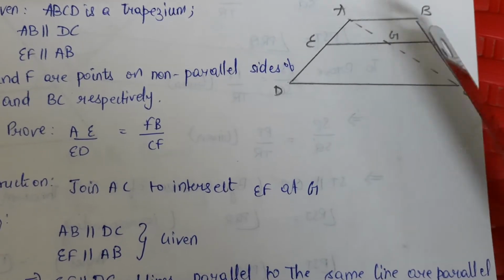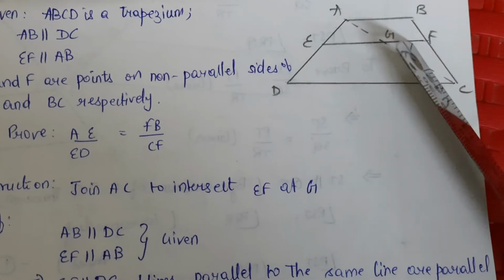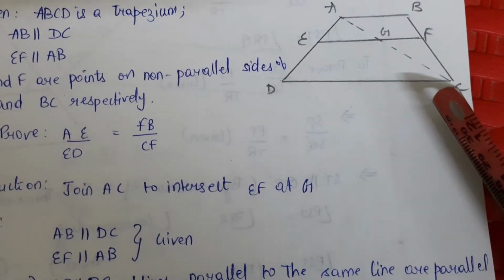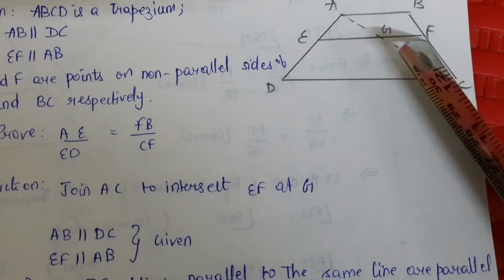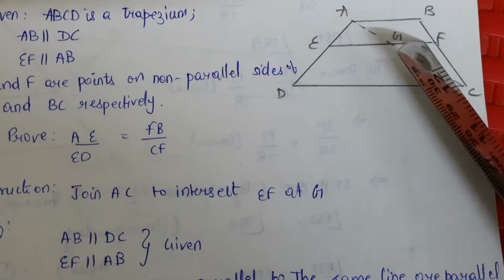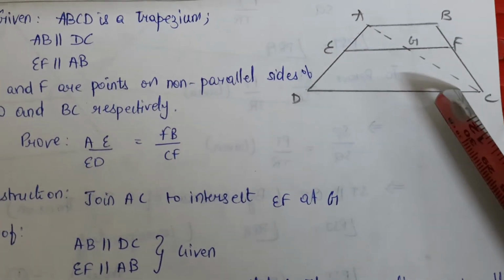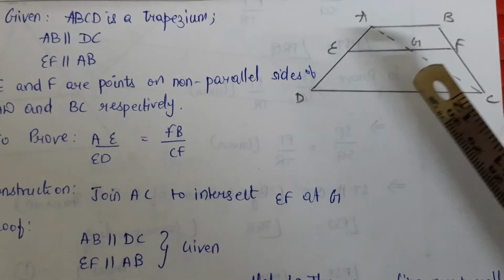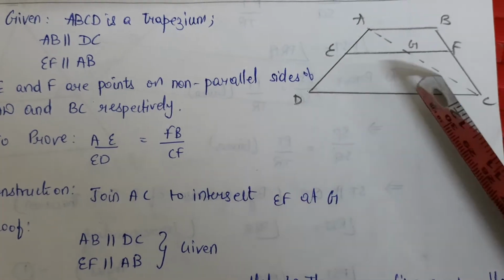Then you take triangle ABC. Same way, AB is parallel to CD, so GF is also parallel to AB. So what happens by the BPT theorem? AG by GC will be equal to BF by FC. So this concept of the BPT theorem we are going to use to prove.